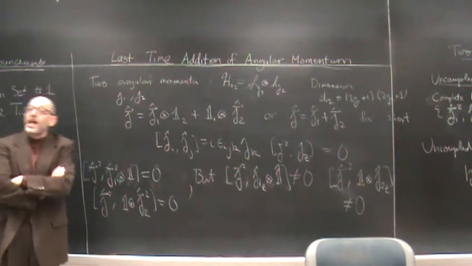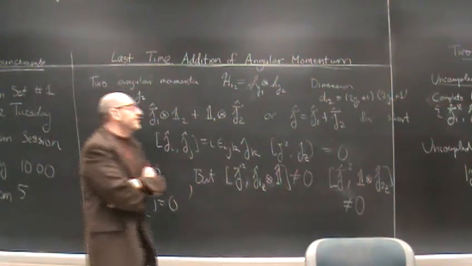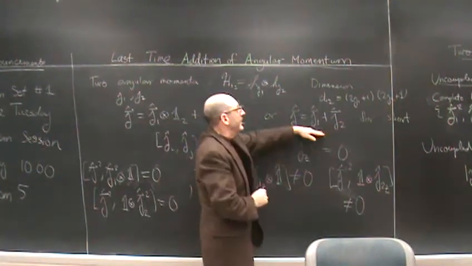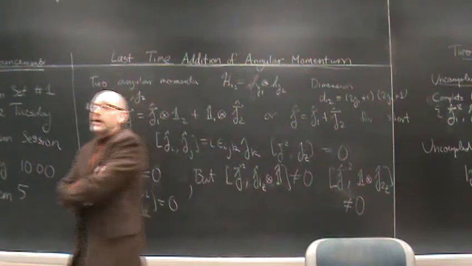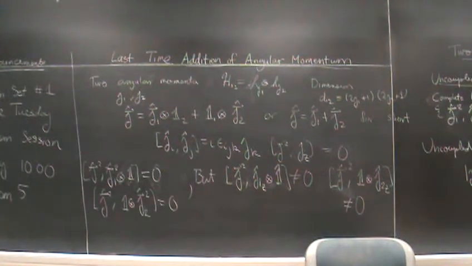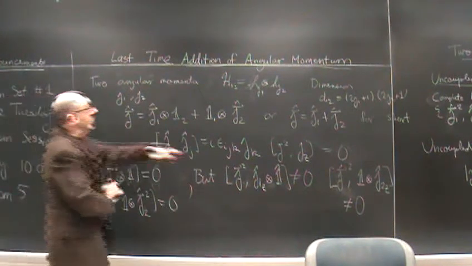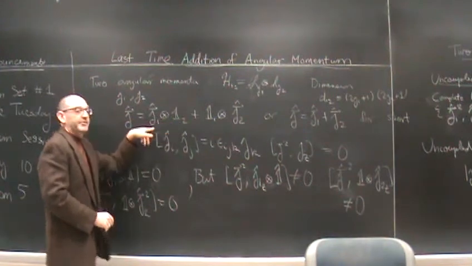So the total angular momentum of the system is the sum of the angular momentum vector operators for the two angular momenta, which is really just a shorthand for this, right?